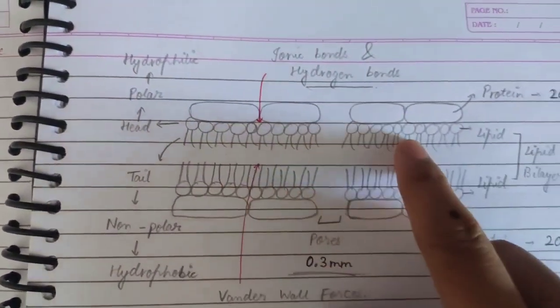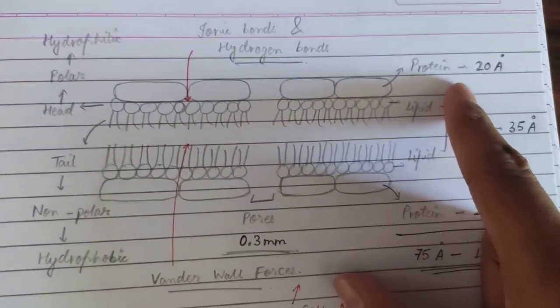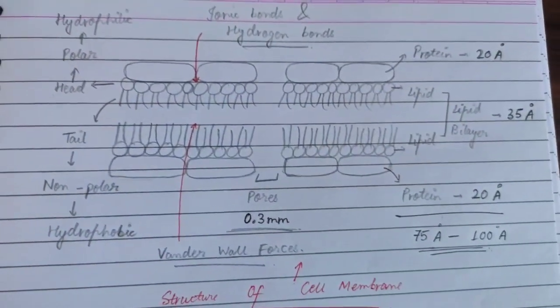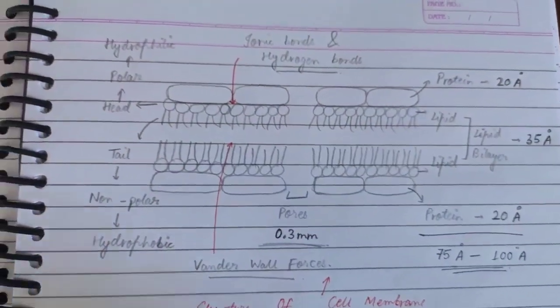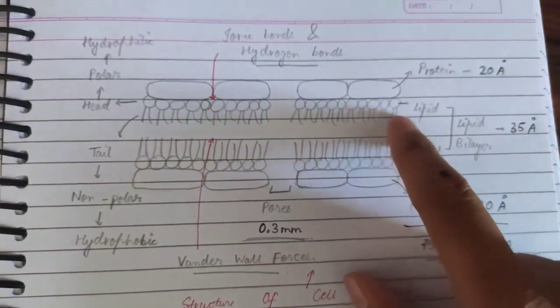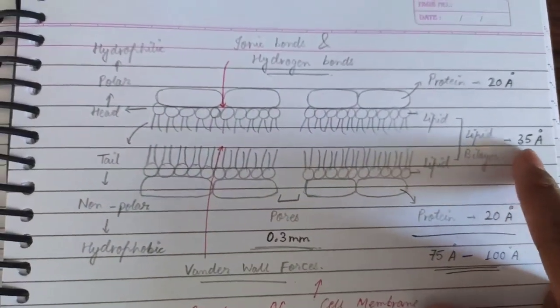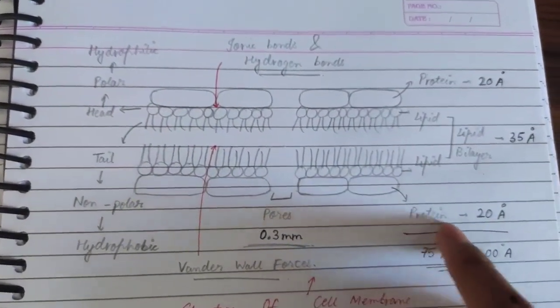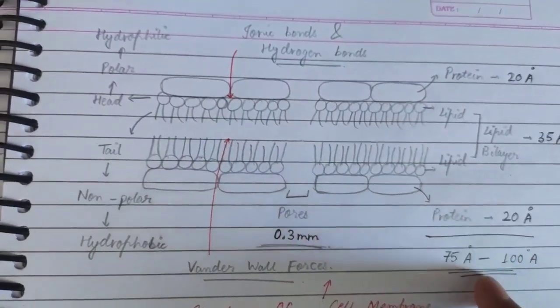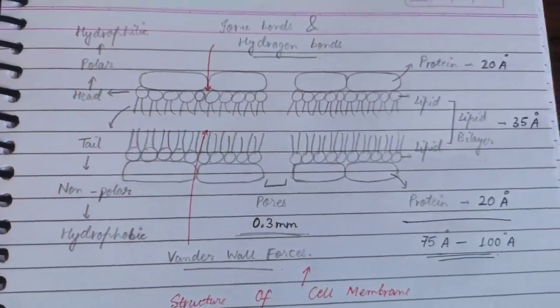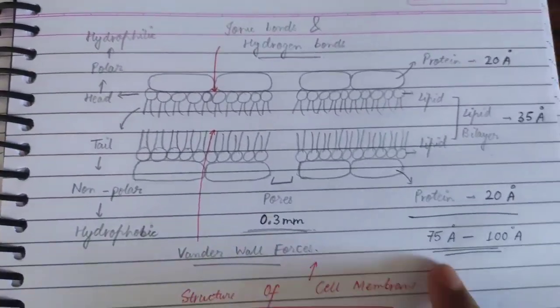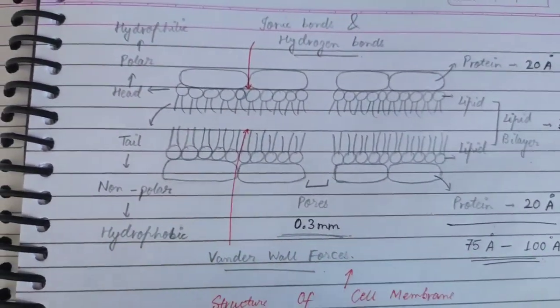This layer is the protein layer, which has a thickness of about 20 angstrom. 1 angstrom is equal to 10 to the power minus 10 meters. Then comes the lipid bilayer, which is around 35 angstrom, and then again a protein layer of 20 angstrom. So they gave a range for the cell membrane from 75 angstrom to 100 angstrom.